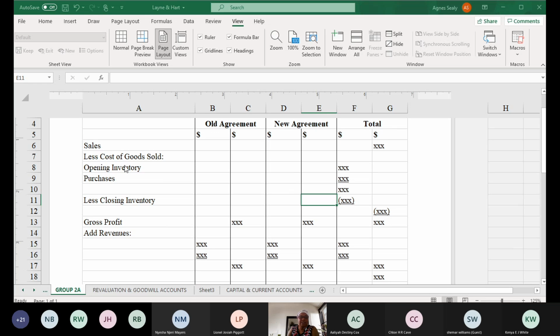Okay, so it has sales, then it has less cost of goods sold, and your cost of goods sold is your opening inventory plus your purchases minus your closing inventory, which gives you the cost of goods sold figure that's subtracted from your sales to give you gross profit. However, in this question, we don't have any opening inventory, purchases or closing inventory because they give us the cost of goods sold figure. So we can take out that particular portion there.